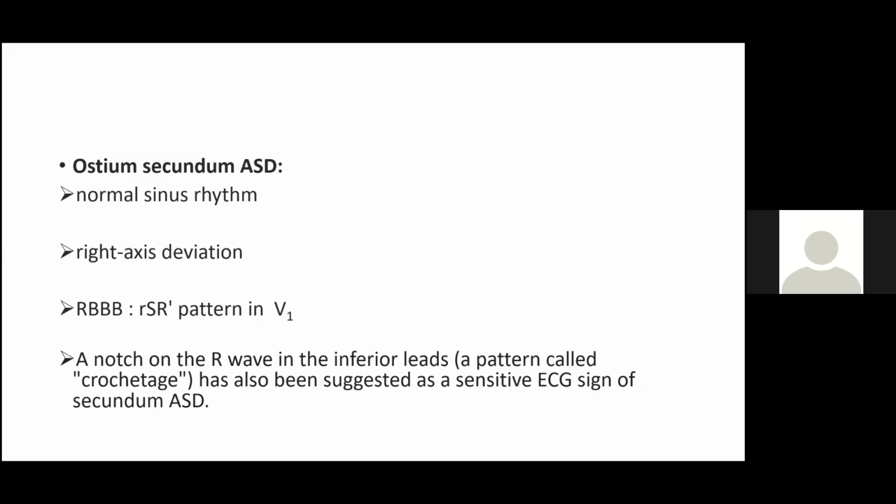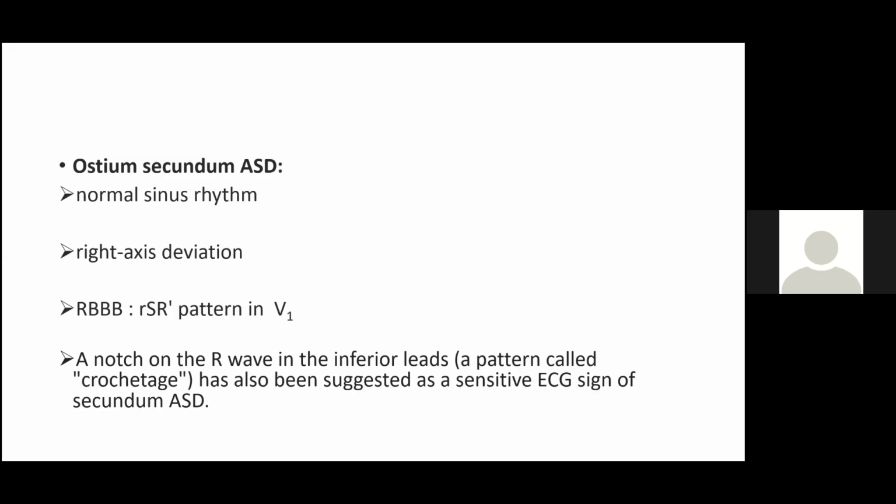That's what we're saying. And the reason is straightforward. What kind of shunt direction will you naturally see in secundum ASD? In secundum ASD, it's a left to right shunt. So if you have a left to right shunt, what do you think will happen on the right side? There will be increased volume and dilatation of the right atrium.